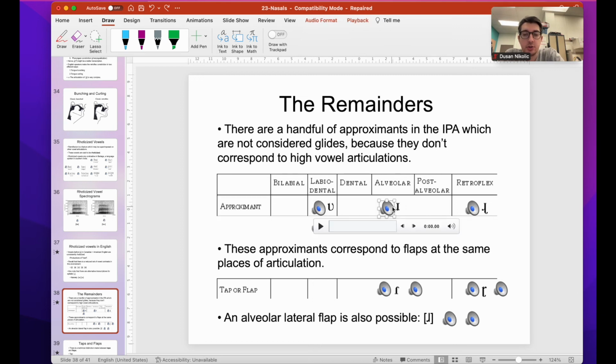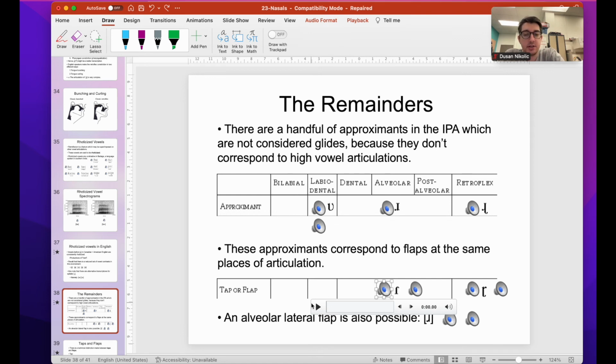There is also an alveolar approximant, which is more prominent maybe in British English. A retroflex one, and there are also flaps and taps.